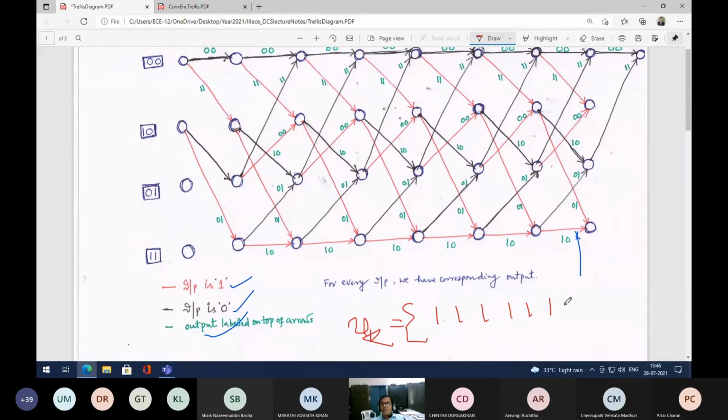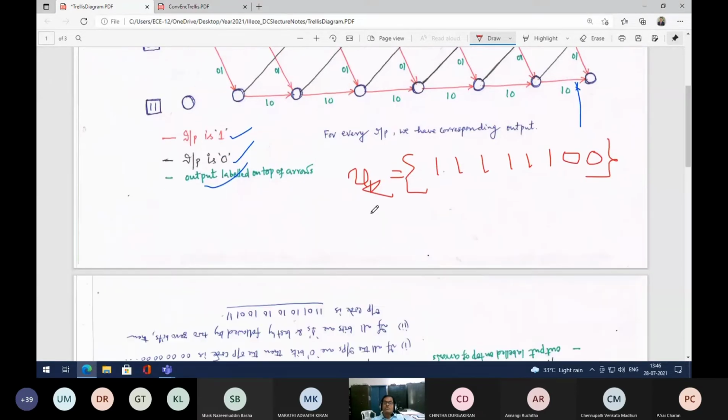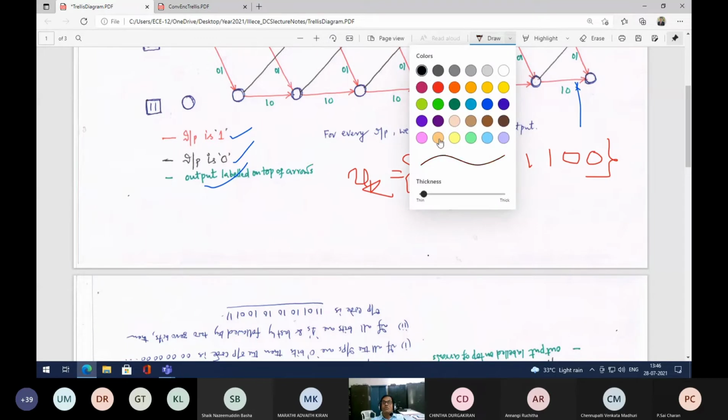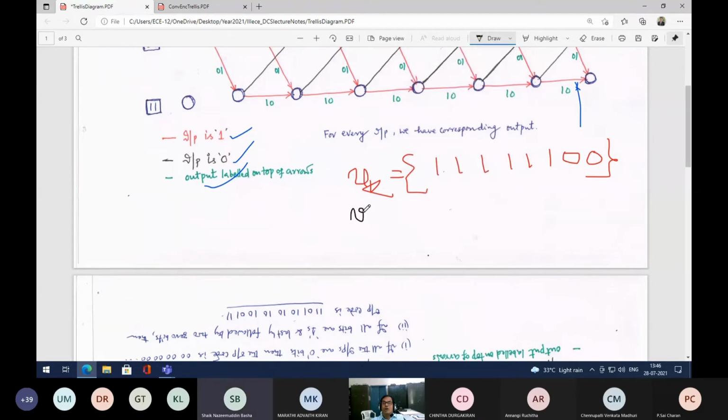However, I'll keep, let us say, 2 zeros at the end. Can somebody tell me, by using this Trellis diagram, you can easily find out what the corresponding outputs VK1, VK2 are. Can somebody tell me, please?